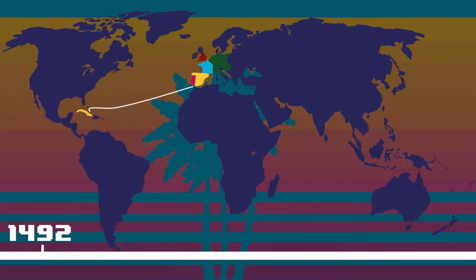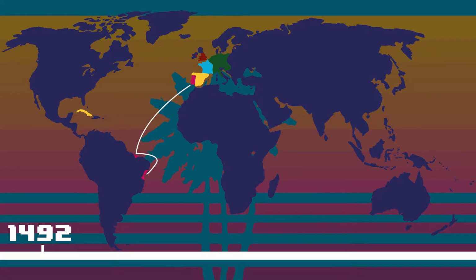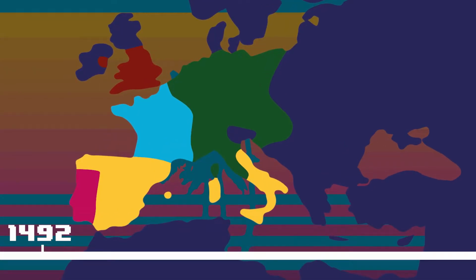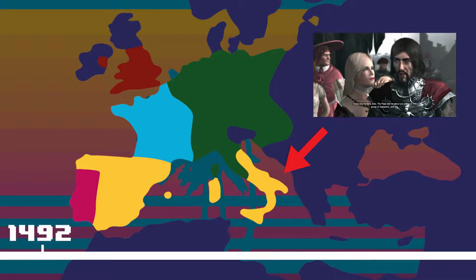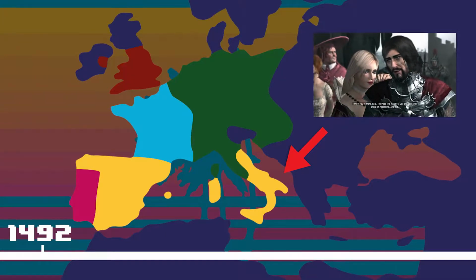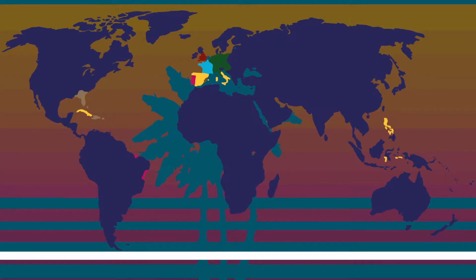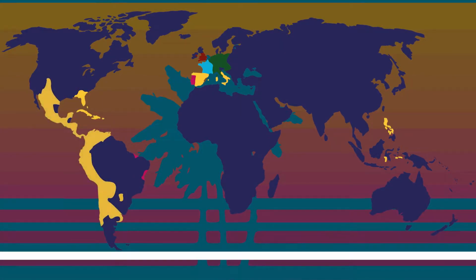Following soon after, the Portuguese discovered the first parts of South America, while Spain also conquered more parts of mainland Europe, mainly Italy, which is why you see the Borgias, a Spanish family, in power in Assassin's Creed Brotherhood. But they also went on to conquer parts of the East Indies, the Caribbean and most of South America.